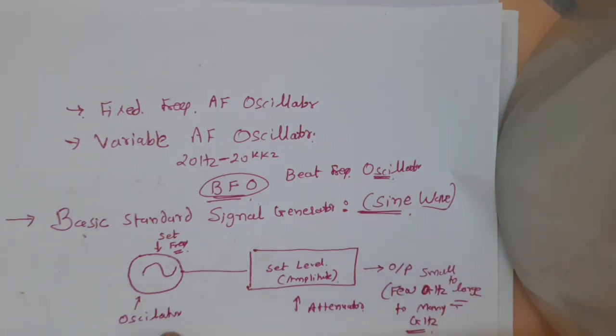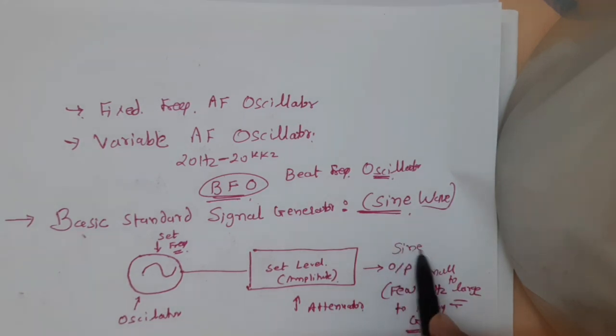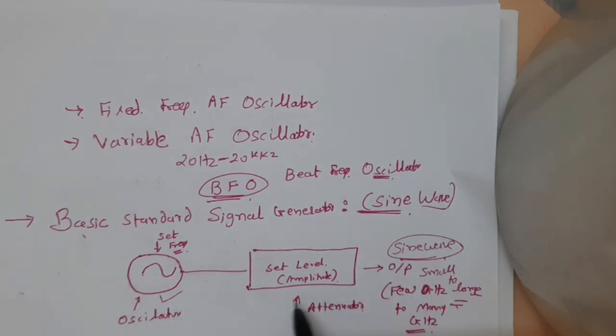The sine wave generator in its simplest form is this. The output is nothing but a sine wave. How to generate a sine wave? There is a need of an oscillator and an attenuator. With the oscillator, we set the frequency. With the attenuator, we set the amplitude. This is our output, a sine wave.